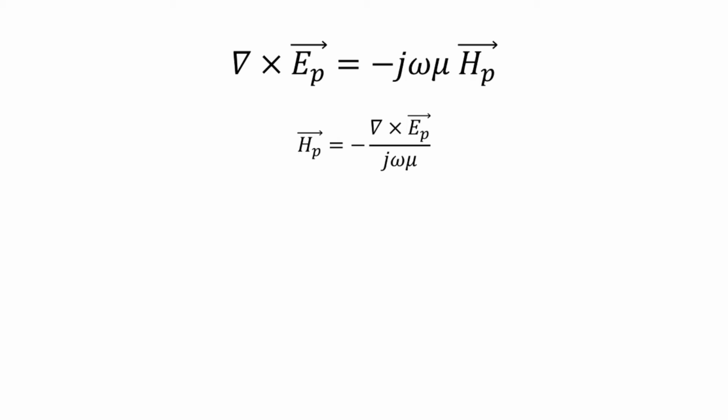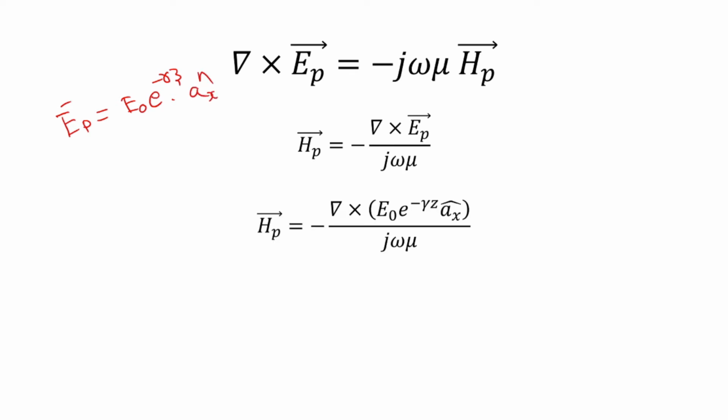So if I substitute that Es bar is equal to E naught exponential of minus gamma z along the direction of ax cap into this equation, I get Hs bar is equal to minus curl of E naught exponential of minus gamma z ax cap divided by j omega mu.